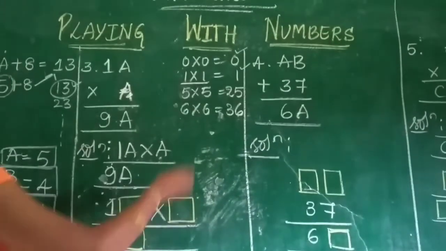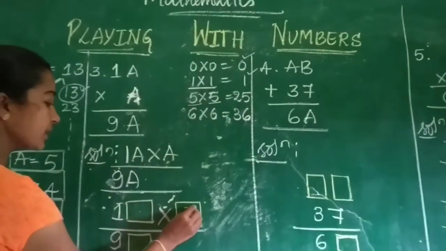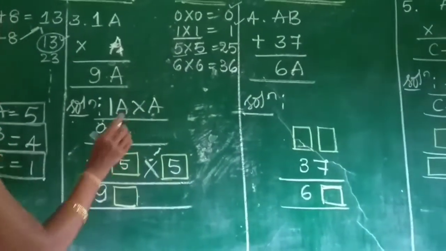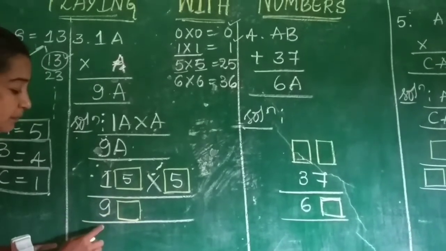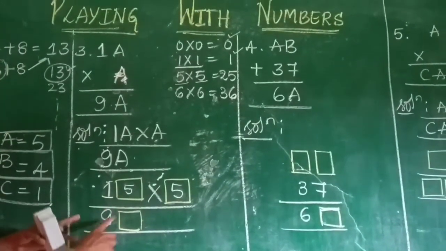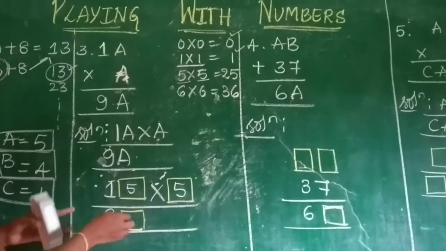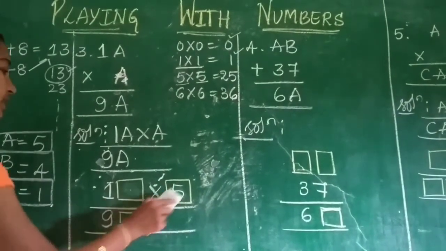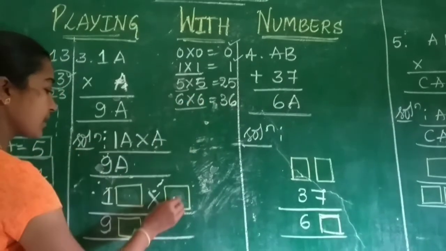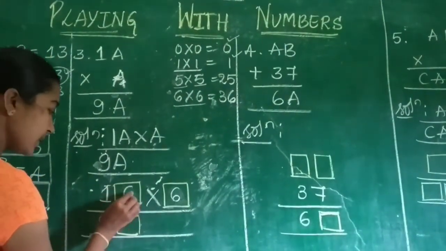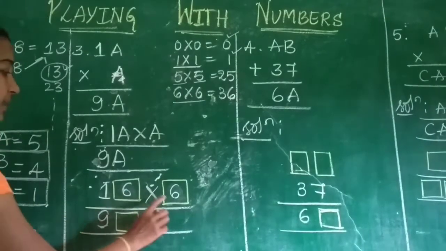Next number is 5. Substitute here 5. Now observe here, 15 fives are how much? 75. But the product here is 90 something. That's why our guess of 5 is also wrong. Next we come to 6. Here also 6. Now 16 sixes.